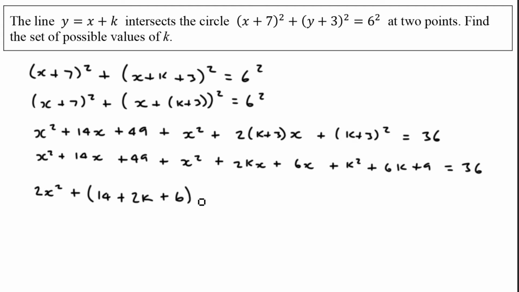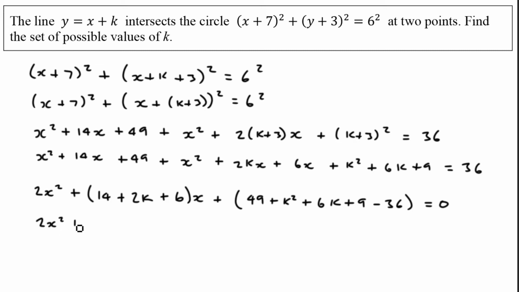Those are all of the x terms. And how many constants do we have? 49 and k² and 6k and 9, and if we subtract the 36 from the other side, there we go. Right, so let's simplify that just a little bit more.